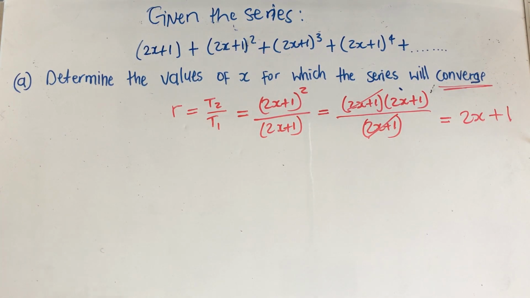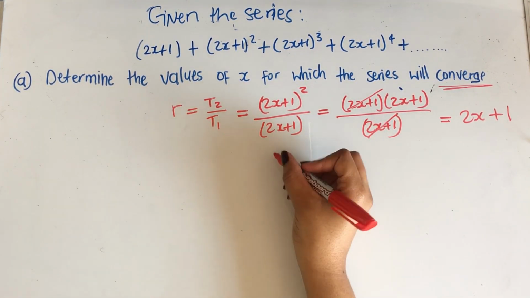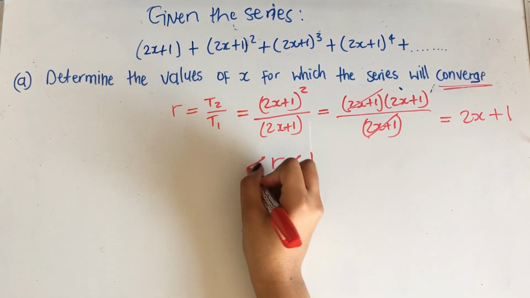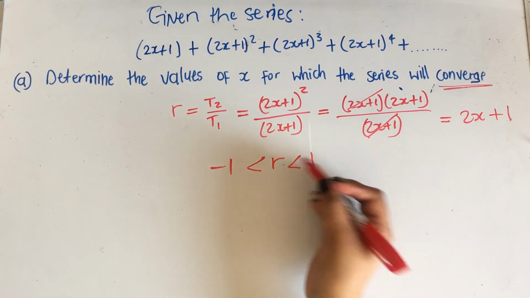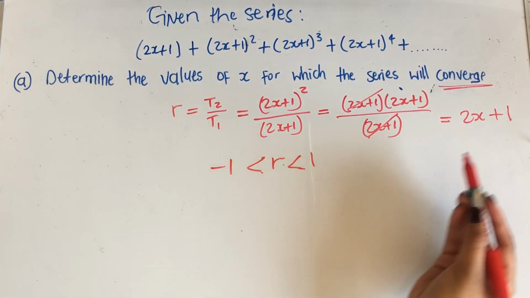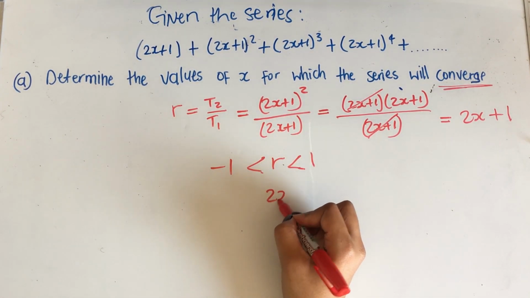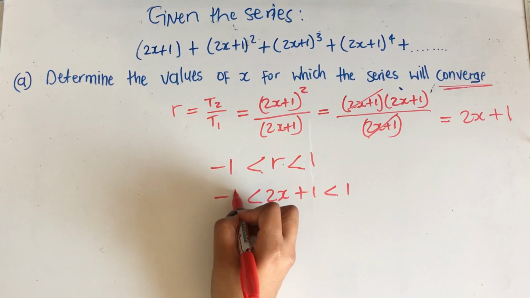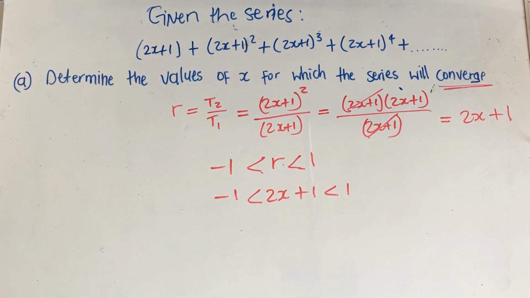And we remember that for convergence, we know that our r should be less than 1, but greater than what? Negative 1. Okay. And so our r is what? Our r is 2x plus 1. Right.